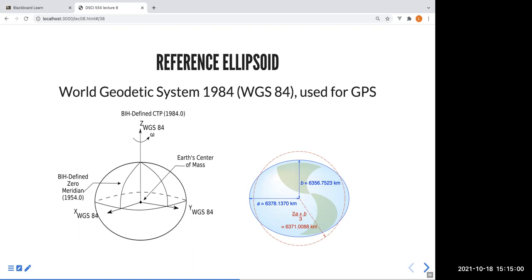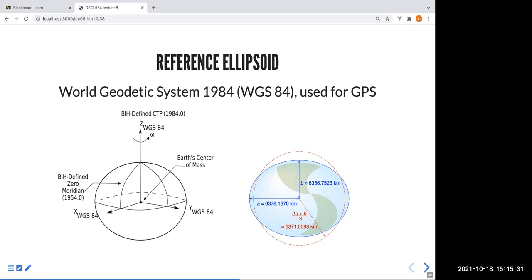And you represent it basically as an ellipsoid with the major and the minor axis that is here. And you have obviously different ellipsoids that people have come up with. The one that is most used, in particular for the GPS system, is this 1984, WGS 84.